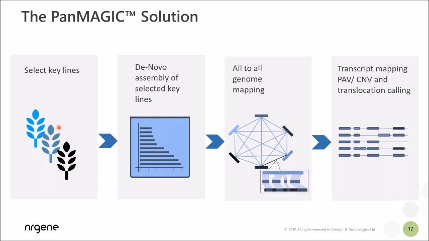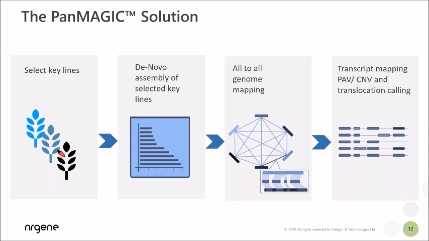Our PanMagic solution begins with selecting key lines. That's obviously a choice of the consortium participants. It should cover the diversity that Ilan has just shown at best, and also capture the interest of the consortium members.